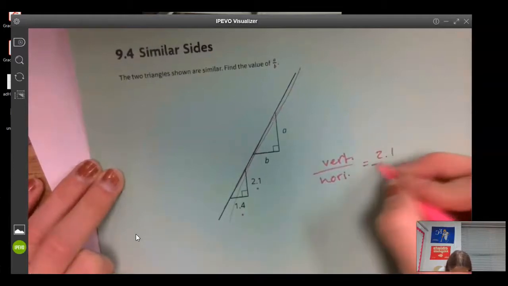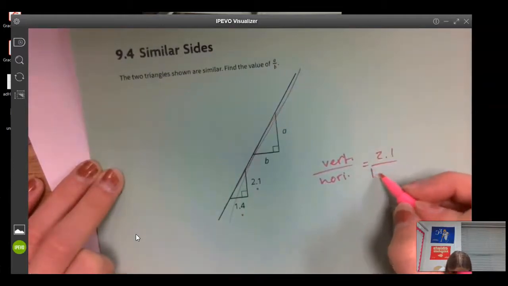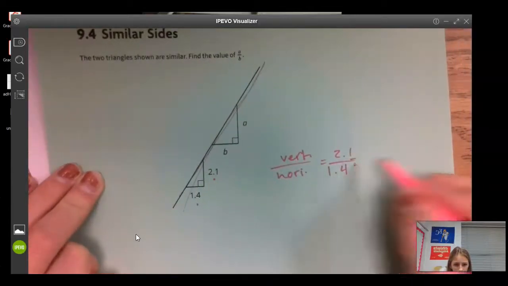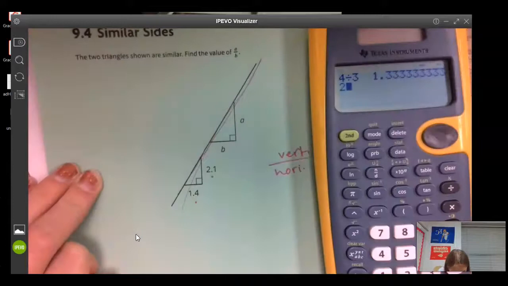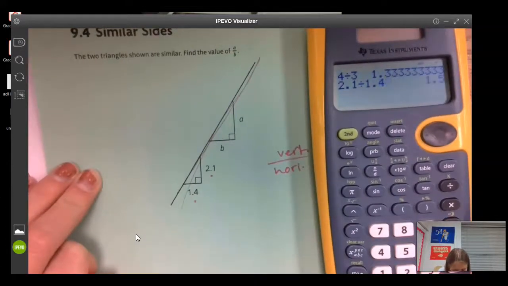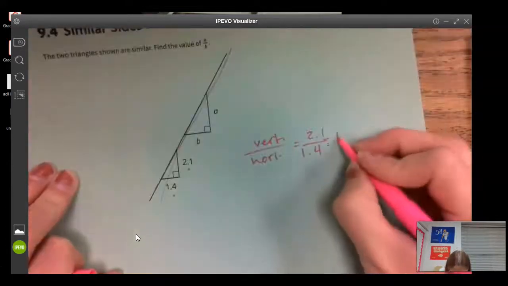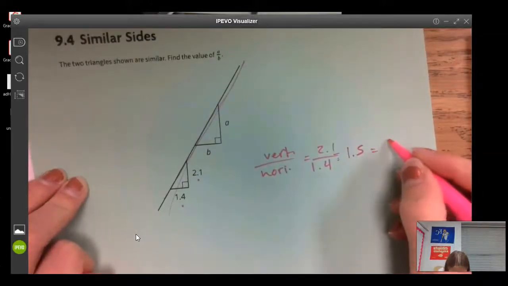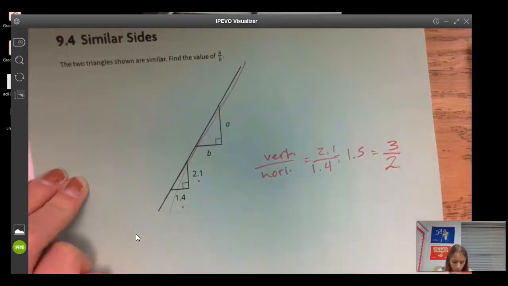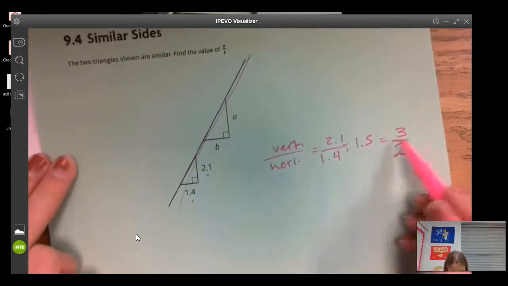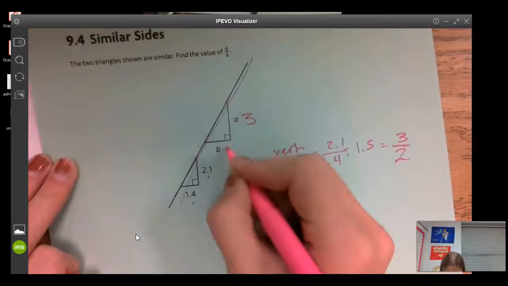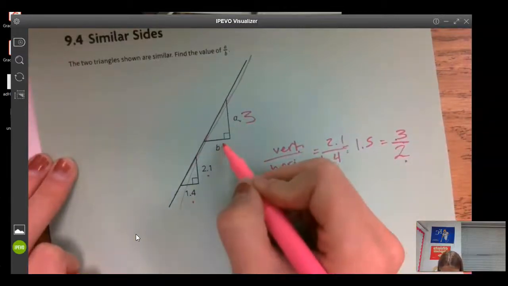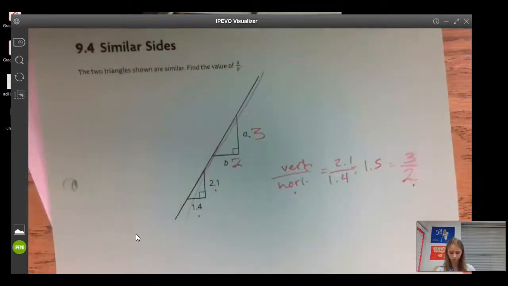So 2.1 over 1.4. Now, if I reduce this so I can plug that into my calculator, I get 1.5. Alright, so now let's write that in fraction form. So 3 over 2 is equivalent to 1 1/2.